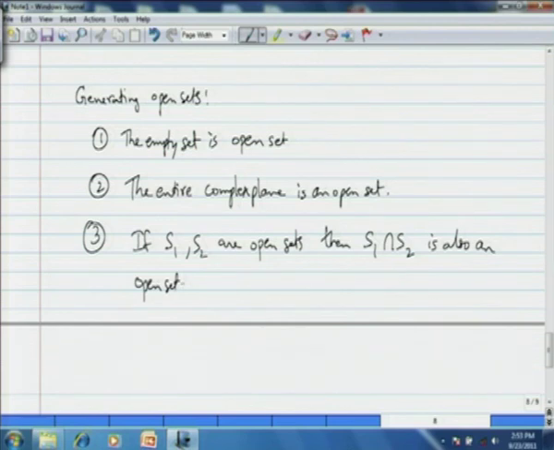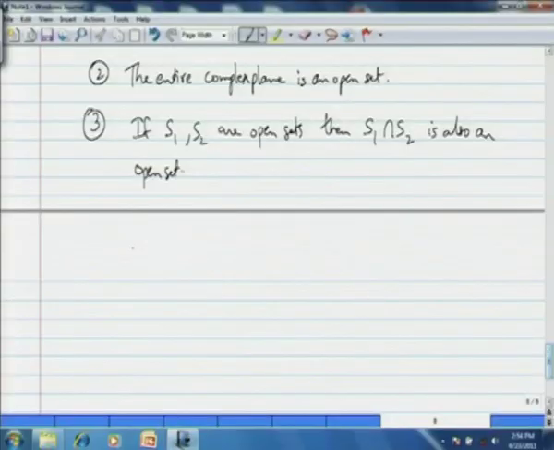Well, if you take a complex number which is in the intersection of two open sets S1 and S2, then there is a ball of radius r around that point, which is contained in the intersection, where r here is the minimum of the radii of the balls which are present in S1 and S2. So, what I mean by that is as follows.